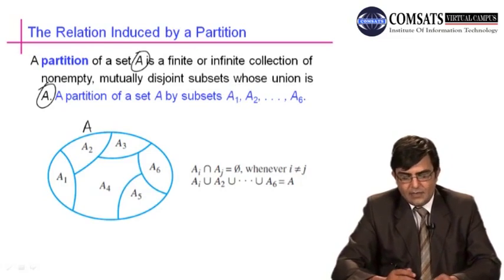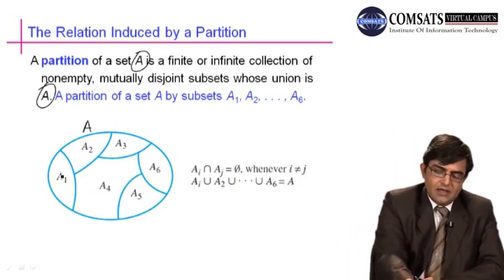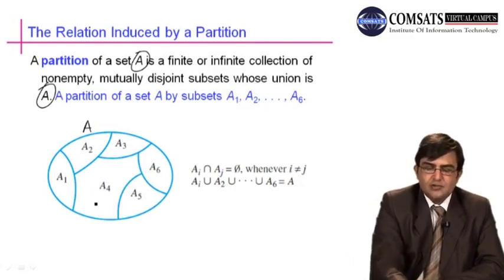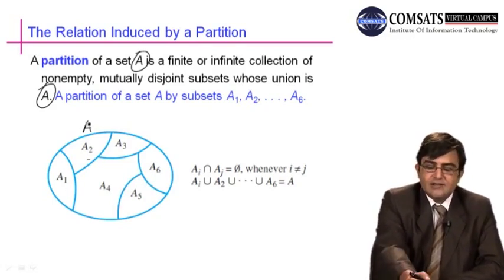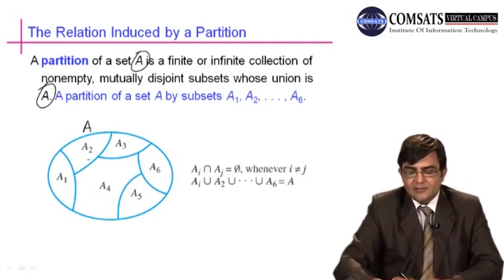If we apply the rule of Venn diagrams, here A1 doesn't have any common portion with A2, A2 doesn't have any common portion with A4. Similarly others, these sets are mutually disjoint, and if we take the union of these sets, we get the set A. So this is basically the partition of the set A.